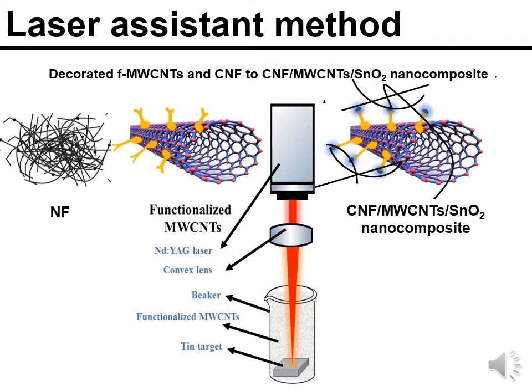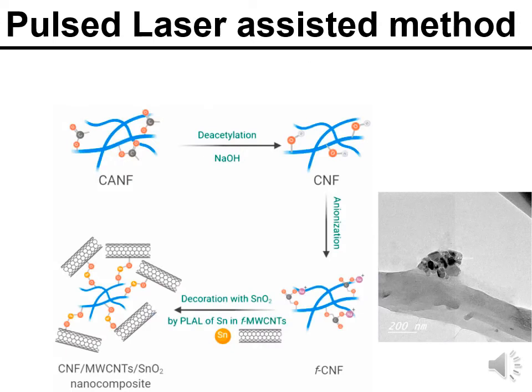This tiny metal oxide links the carbon nanotube with the nanofiber, and the resulting decorated nanofiber composite will be applied in wastewater treatment. As shown in the schematic diagram, it illustrates the steps of obtaining the nanofiber carbon nanotube metal oxide composite by electrospinning, followed by decoration of the nanofiber with the carbon nanotube metal oxide composite.